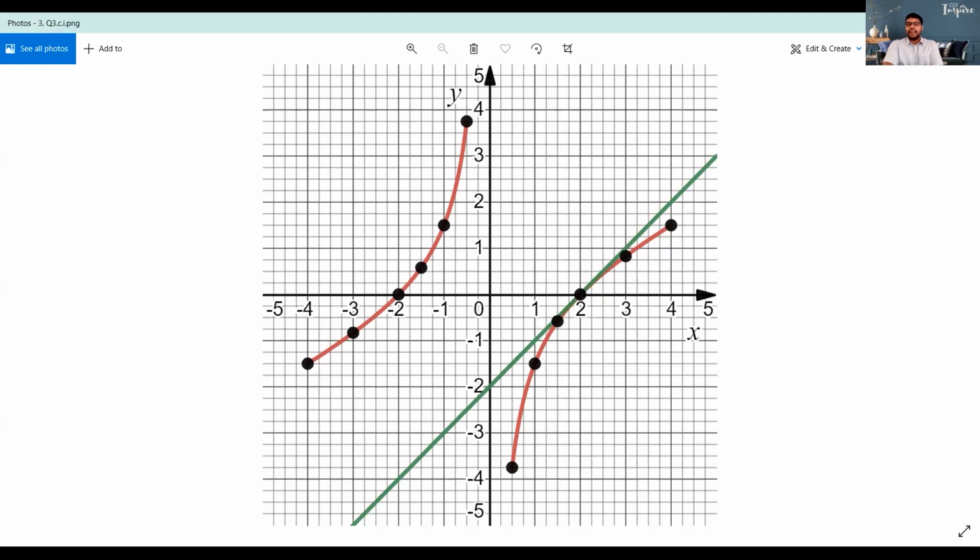Children, after you have drawn the tangent, you take 2 points along the tangent, and then you take rise over run, which is y2 minus y1 over x2 minus x1. You can pick any two points along the tangent.